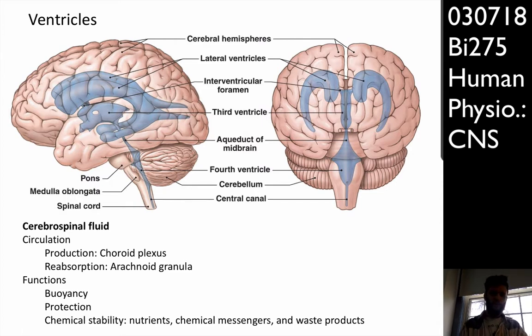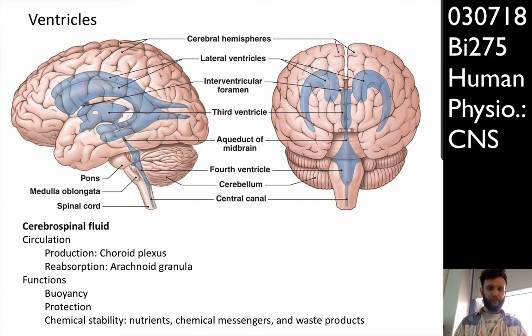Your muscles can bruise and recover, but the brain is a much more delicate organ than that. And then, of course, it gives it the chemical stability that's required for a complex organ like the brain. So you're going to have all the nutrients, the chemical messengers and waste products. That's all a function of the cerebrospinal fluid.